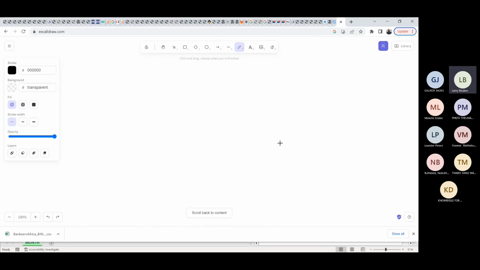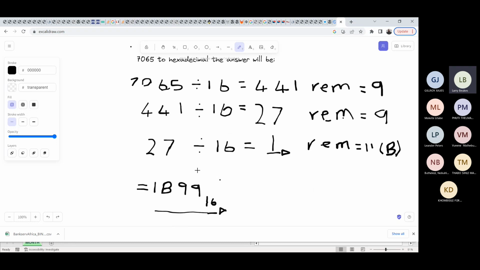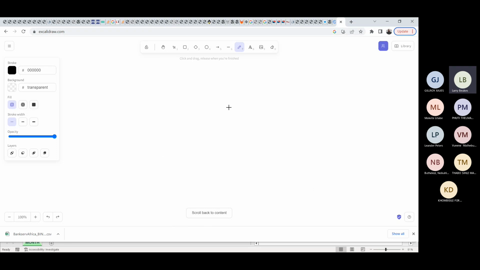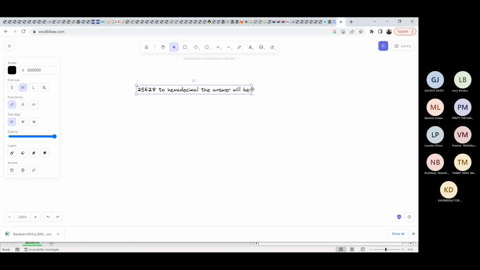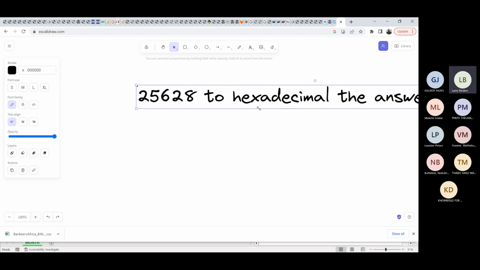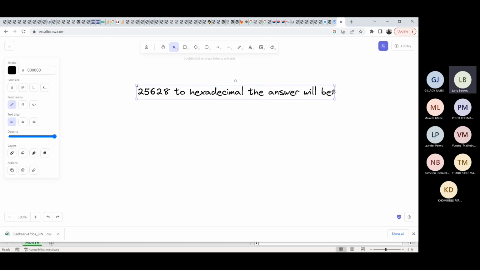Okay, so you saw this method to convert to hex. Then I'm going to show you a different one. I think we can do both methods here. The simple one, if you forgot your calculator, if the calculator is not next to you, this is what you can do, right? Great stuff.